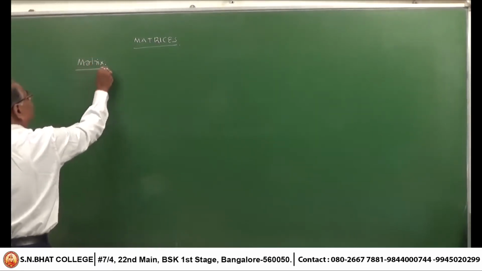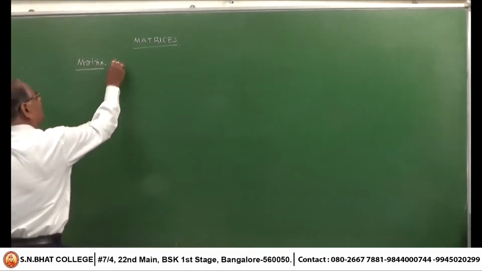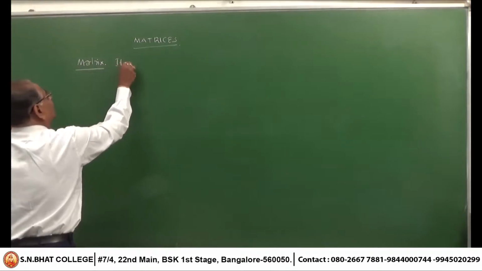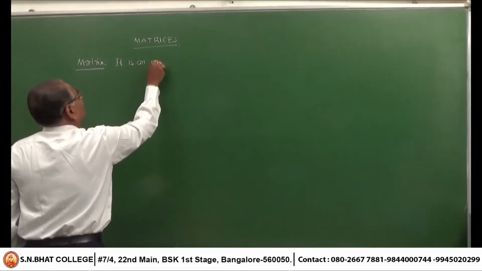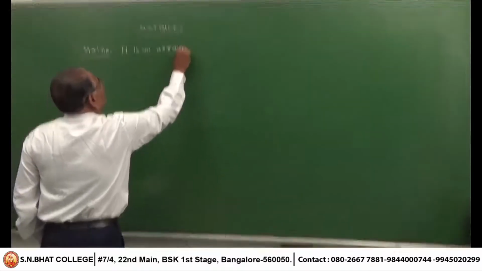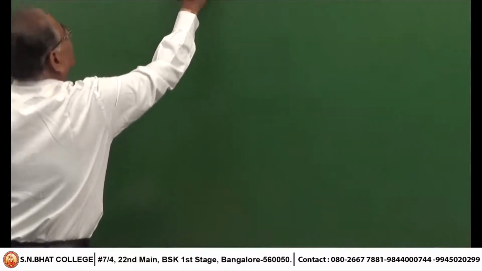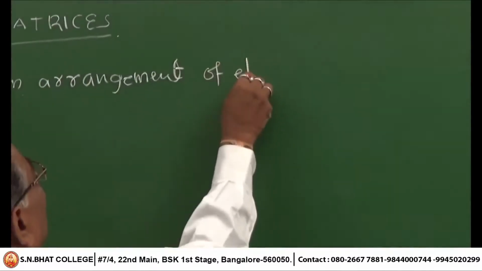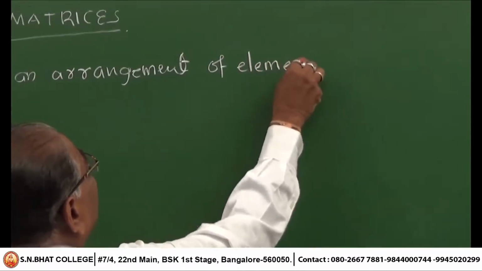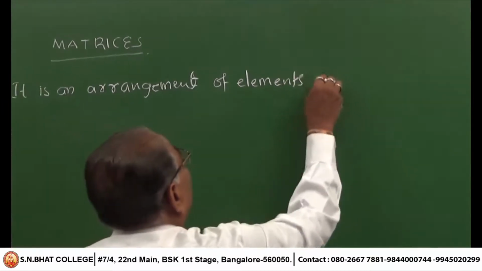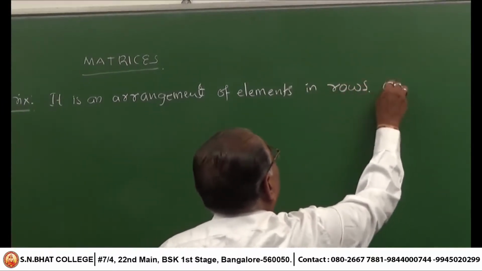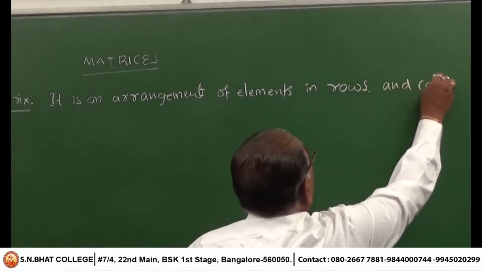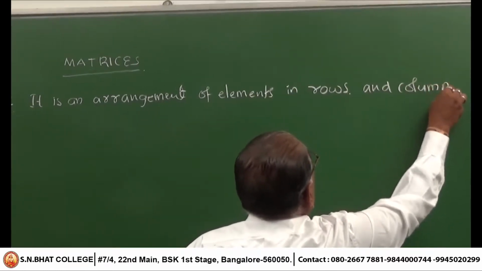What is a matrix? A matrix is an arrangement of elements in rows and columns.